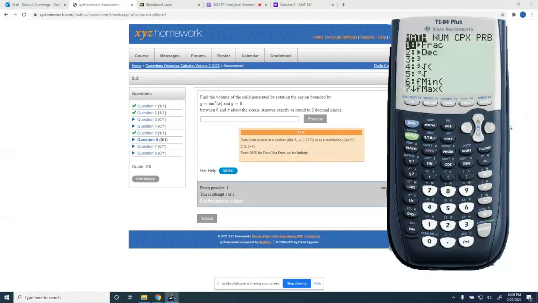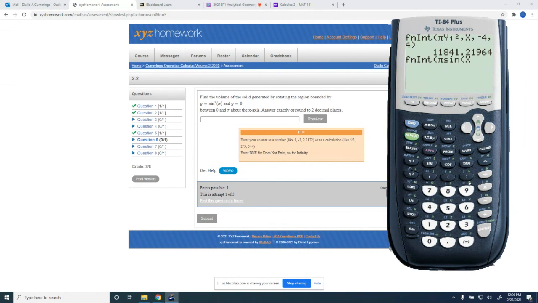All right, so I'm going to recall the function integration. We're going to put in the function, which is pi times the sine squared.